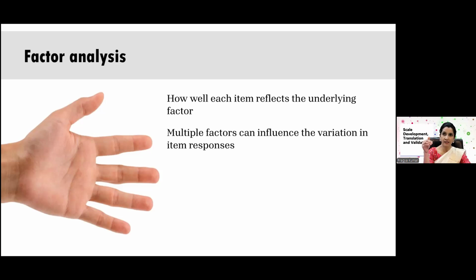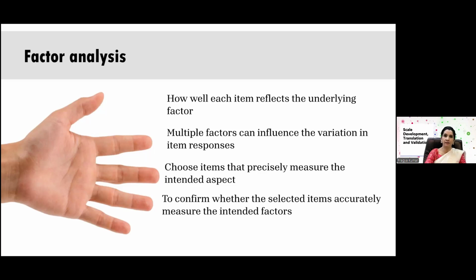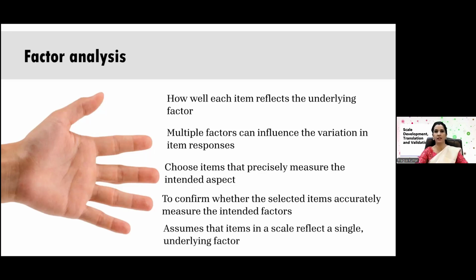It is not only empathy; there can be other factors which can affect these items. Then we have to choose those items which precisely measure the latent factor. To confirm whether the selected items accurately measure the intended factor, we need to do this factor analysis. And we assume that items in each scale reflect a single underlying factor.